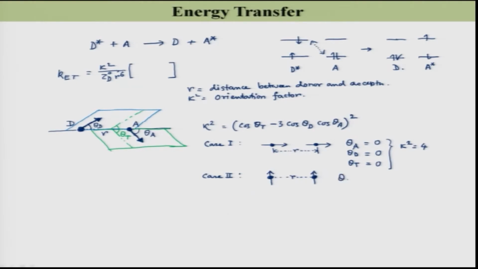So, theta a is equal to 90, theta d is equal to 90 and theta t here will be equal to 0. So, in this case kappa square will be equal to 1, right.